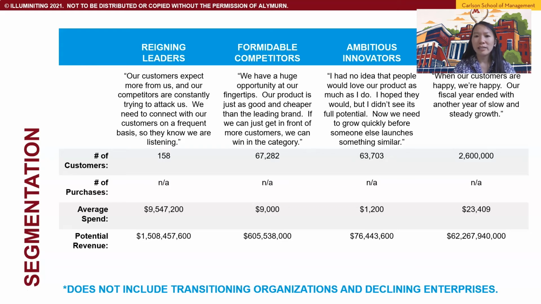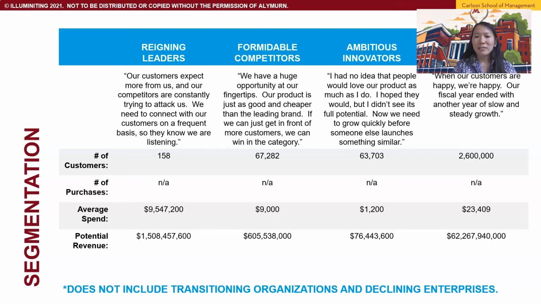So when you take the total number of customers, multiply that by the average spend, you'll see the potential revenue of each segment. The continuous delighters is by far the largest, with $62.3 billion in opportunity. But the reigning leaders is pretty large too, $1.5 billion in opportunity.